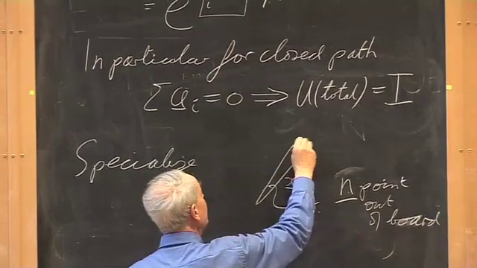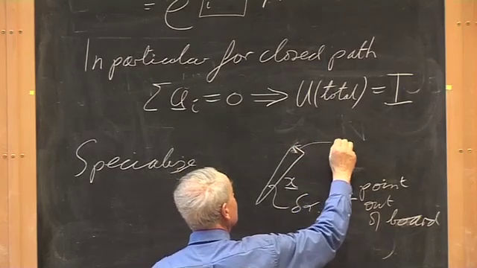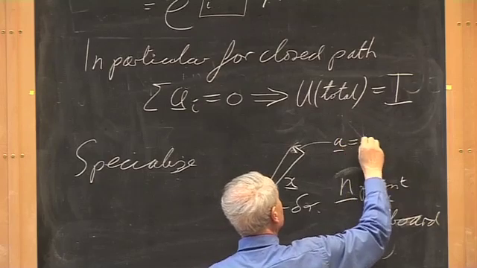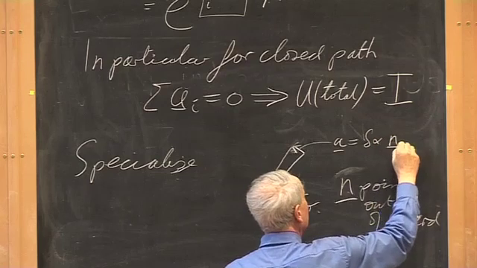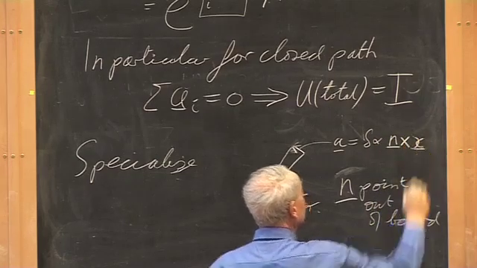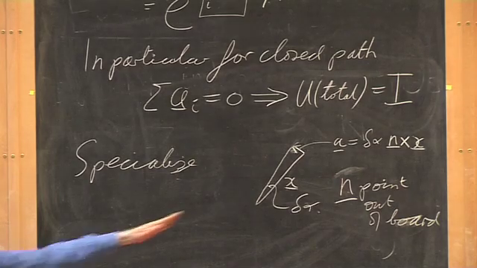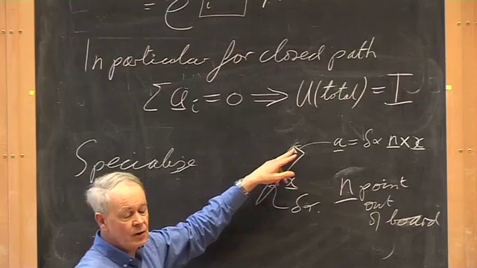Then this vector here, this displacement vector, is going to be A equals delta alpha n cross x. Right? That's just ordinary classical geometry. That if I go like this and n is out of the board, then that's the displacement that we generate.